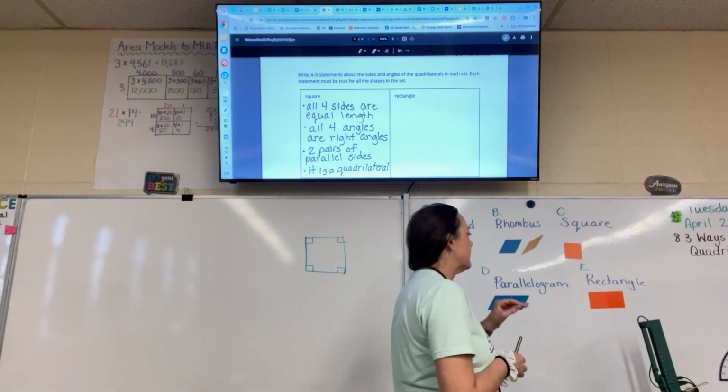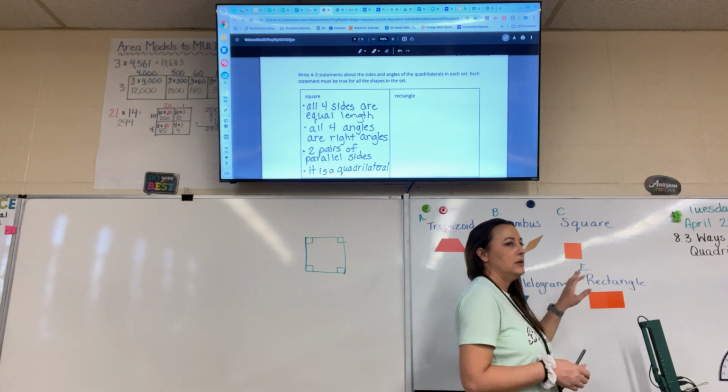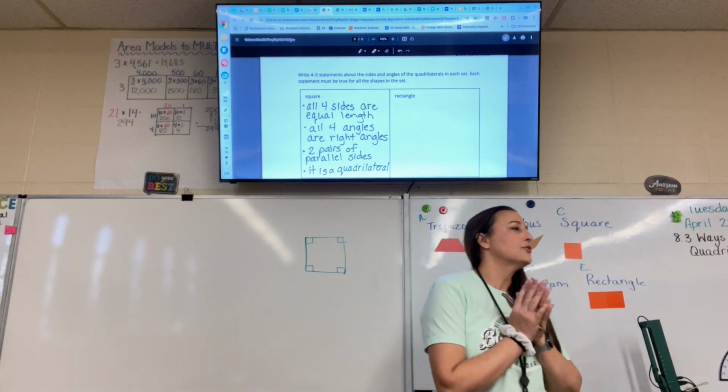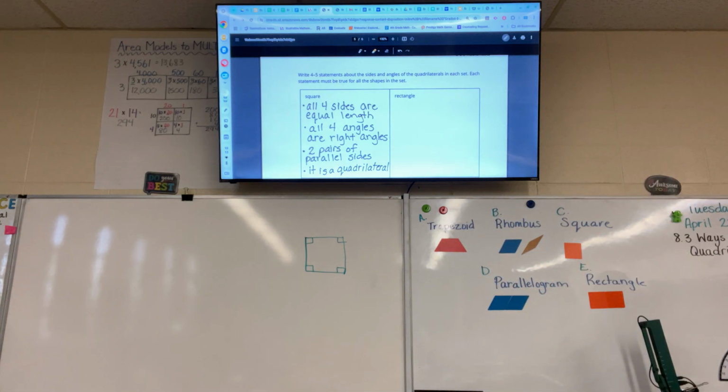What do you notice about the side lengths of the rectangle? What has to be the same? You guys have learned this when you first started learning about shapes. What do you know about a rectangle? Richard. 2 of the side lengths are equal to each other, and 2 of them are equal.